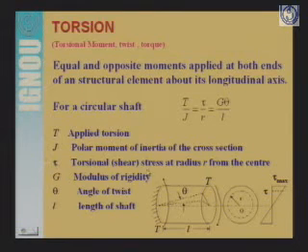Now T is the applied torsion or torsional moment. Now for this cross section, J is the polar moment of inertia, this you have studied in your earlier course, and G is the modulus of rigidity, theta is the angle of twist, and L is the length of this circular shaft.